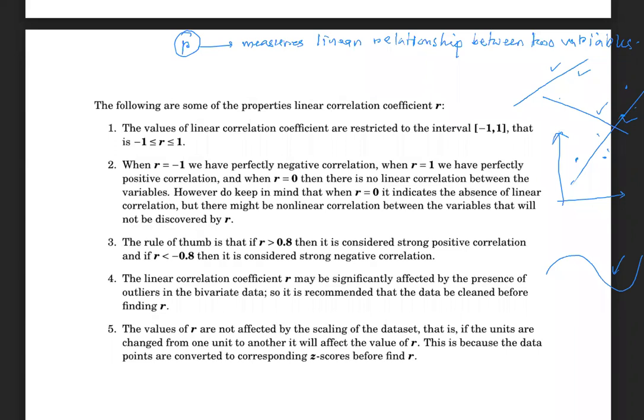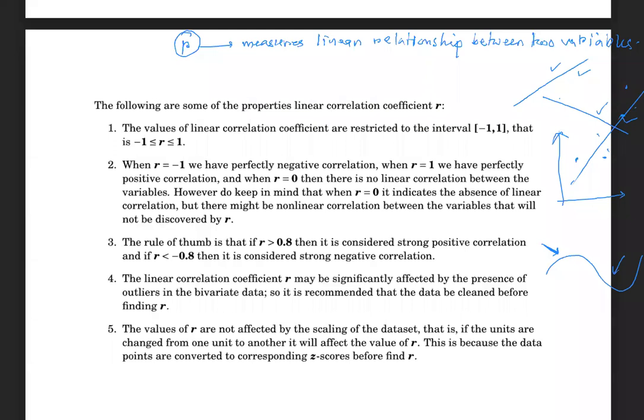It only measures the linear correlation. That means straight line like correlation, not something like a curve, something like this. It won't measure that. So be clear on what you are measuring.